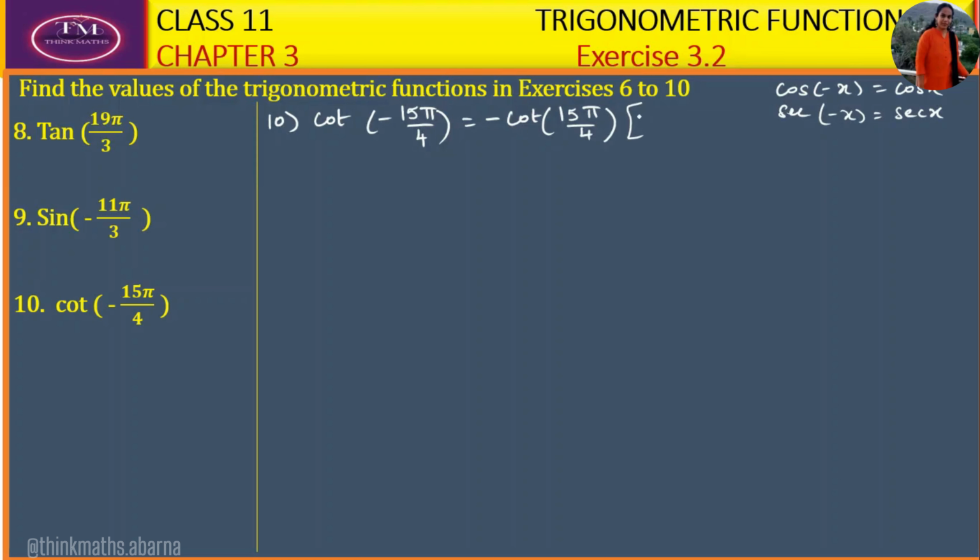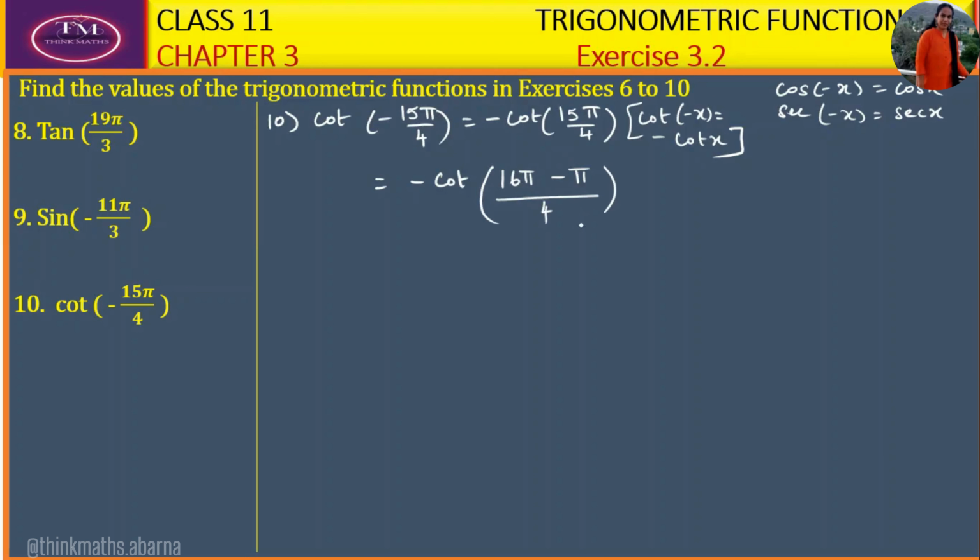The reason is cot of minus x is minus cot x. Okay. So we got this minus cot. Without dividing, we can write 15 as 16 pi minus pi, because 16 is divisible by 4 and you will get an even number.